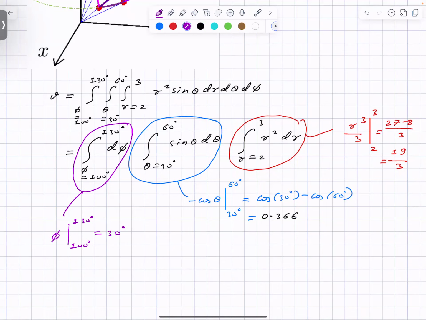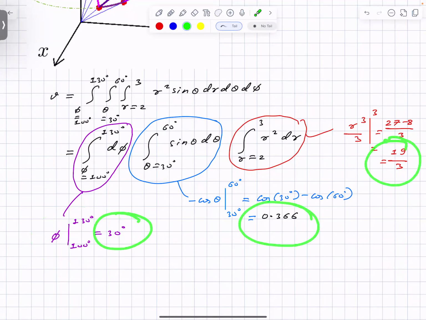Our final answer is not an angle that we're looking for. If our final answer was an angle, then it would be okay to leave it like this. But here, we are combining that angle with other expressions. We have to multiply this, this, and this, right? So when that angle is being multiplied with other things or subtracted from or added to other things, you have to convert it to radians. You must. So remember that.